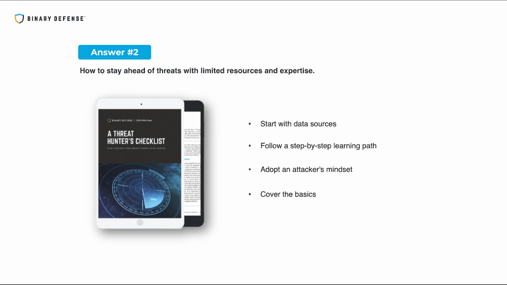Next, covering the basics: implement MFA, segment your network to isolate critical assets, have strong email scanning and threat filtering, and use a DNS server and web proxy for all HTTP requests. Very simple stuff, like regularly updating your antivirus and applying security patches. And last but not least, enabling Windows firewalls on all workstations.